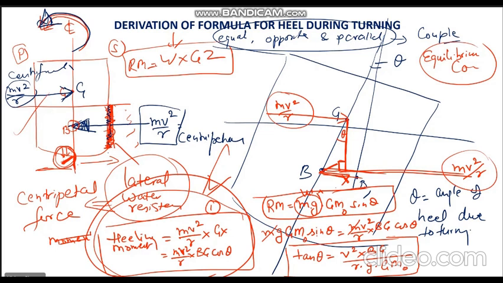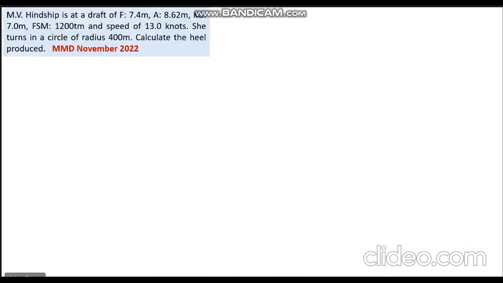Equate the two moments and come to this formula, and that is the derivation. If you recall the formula, it says tan theta is equal to v square into BG upon r into g into GM initial.